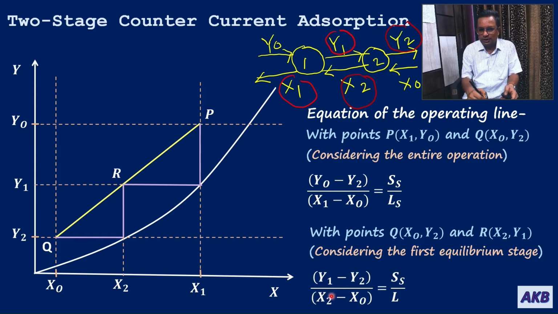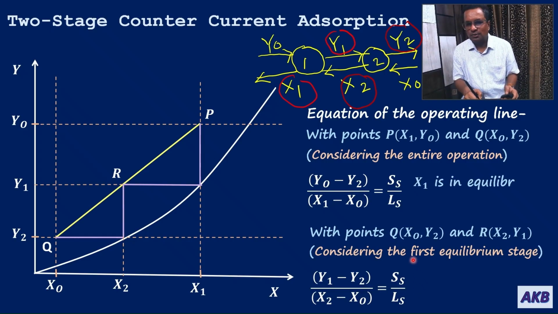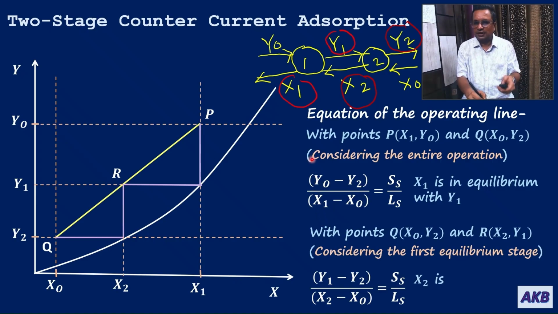So the equation will be written as capital Y1 minus capital Y2 divided by capital X2 minus capital X0, that is equal to SS upon LS. So this equation and this equation both represent the same operating line. That is, you can write the equation of the operating line with two different sets of points. So I hope you have understood it. If you have any doubt, please mention them in the comment section.